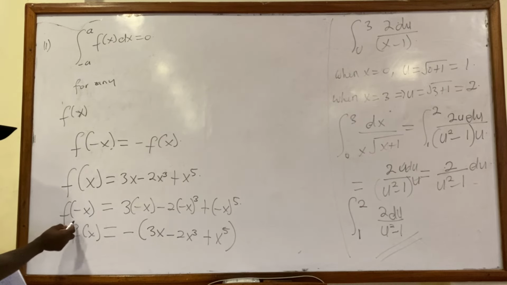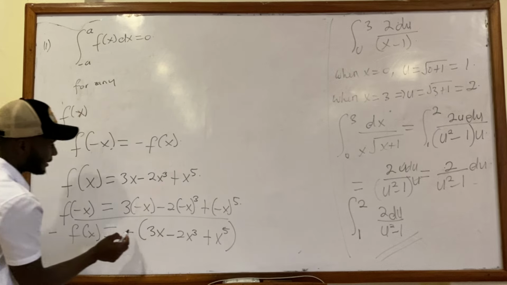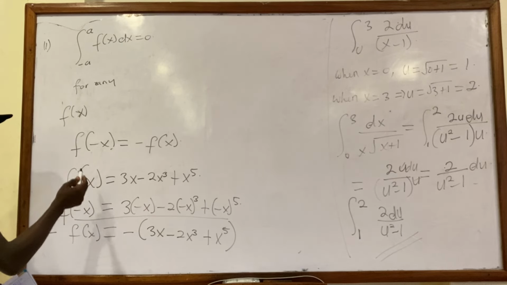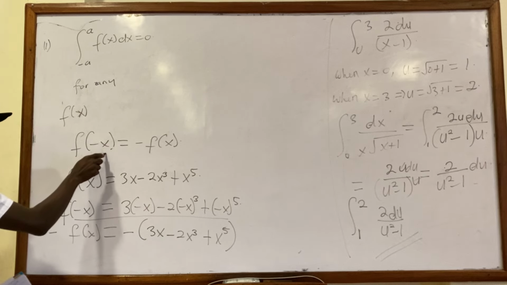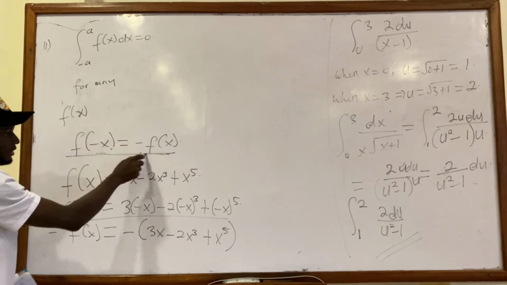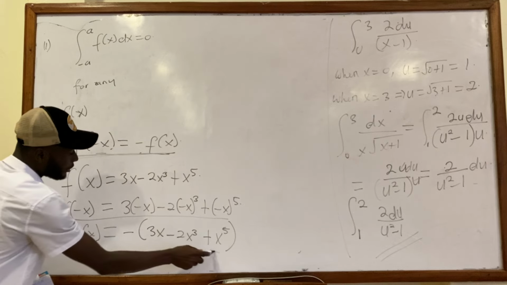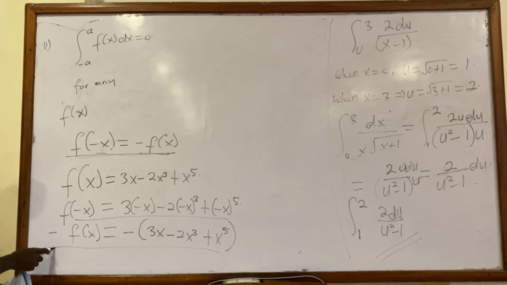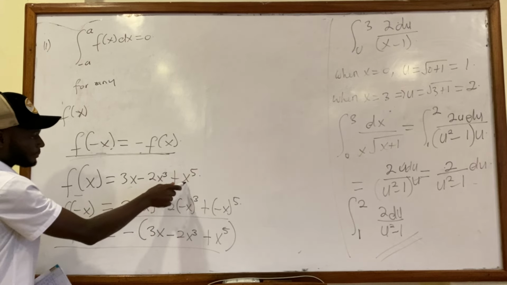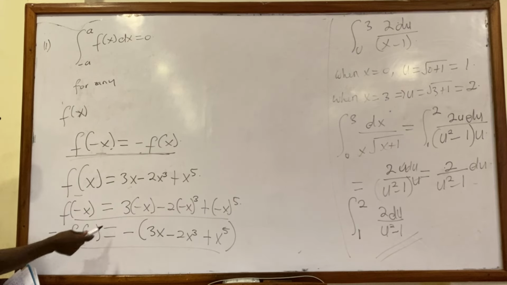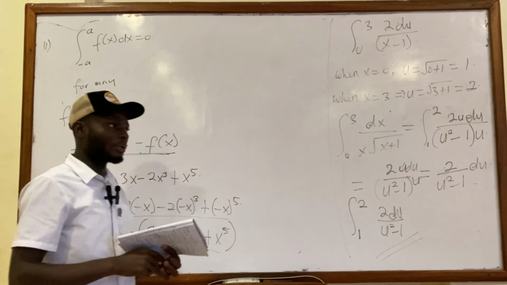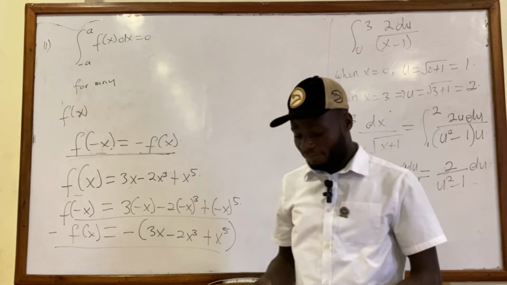We can see clearly that this is satisfying the condition of an odd function, whereas we said that f of negative x should be equal to negative f of x. So this function has satisfied this condition. f of x equals 3x minus 2x cubed plus x power 5 can be evaluated to meet the condition of an odd function.